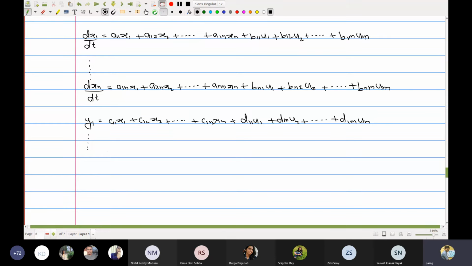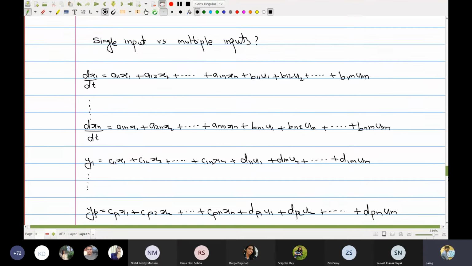So you have a multiple input, multiple output system. So you have cp1 x1 plus cp2 x2 up to cpn xn plus dp1 u1 plus dp2 u2 up to dpm um. I hope you understand that.